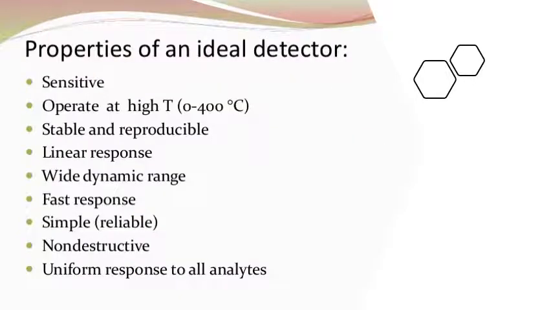Now we see the properties of an ideal detector. The detector used in the gas chromatograph should contain these properties. It should be sensitive, meaning it can identify a little amount of the component and produce a signal for a little concentration.